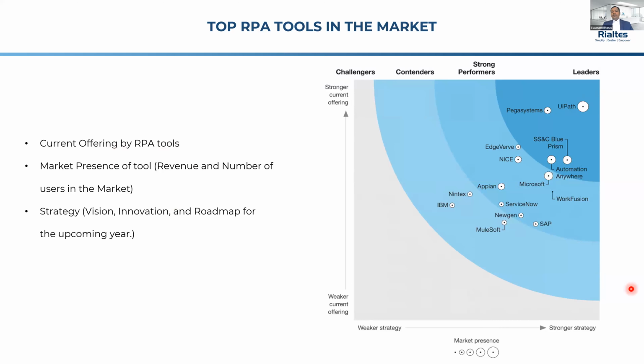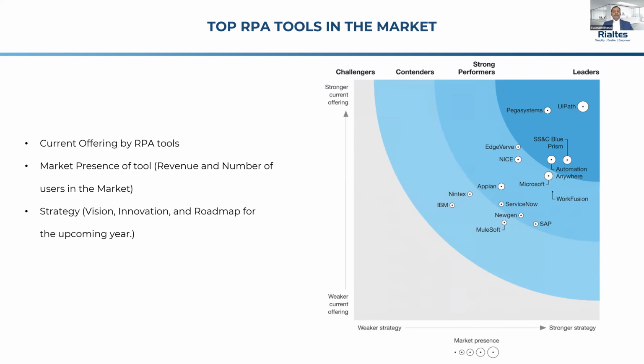When I say current offering by RPA tool, it means the general capabilities which are available in all RPA tools, then deployment, operations, and development features. Then what kind of security or governance features are provided by RPA tools? Then automation discovery or evaluation and portfolios. These kinds of features should be part of these RPA tools.